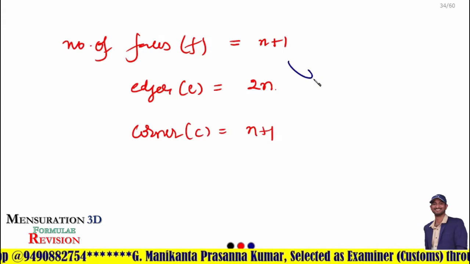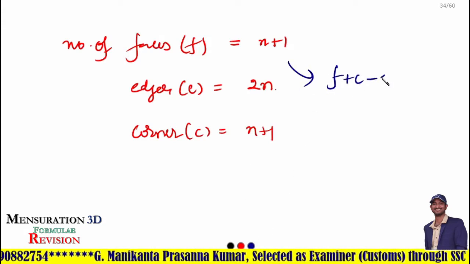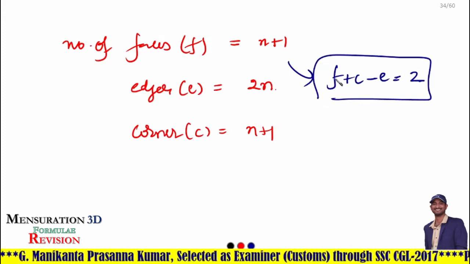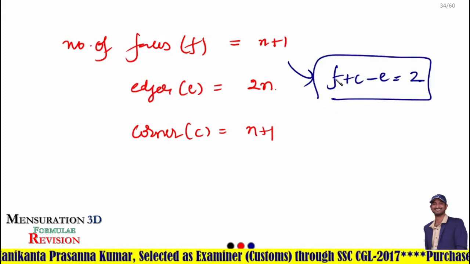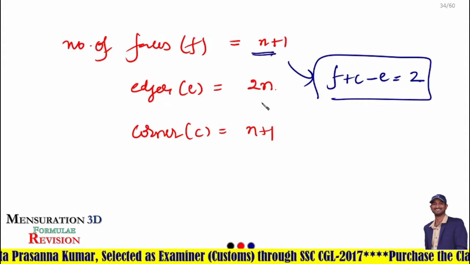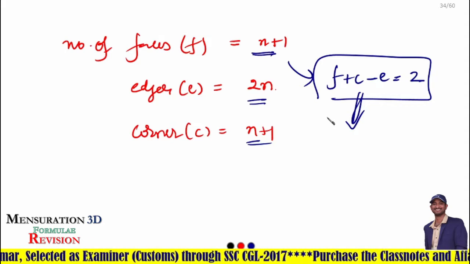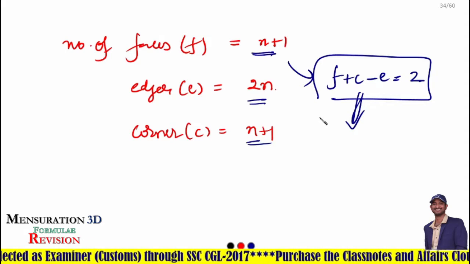Here also, like prisms, F plus C minus E is always equal to 2. This formula is called Euler's formula. It applies to both prisms and pyramids. Their individual values will change, but this value won't change for a pyramid or prism. Is it clear?